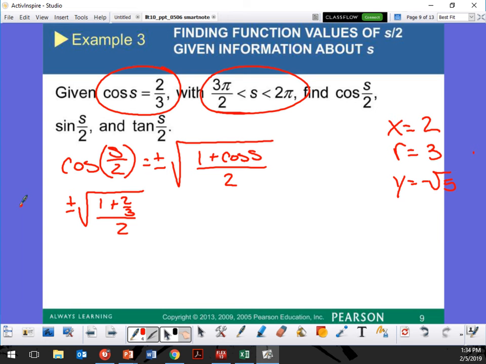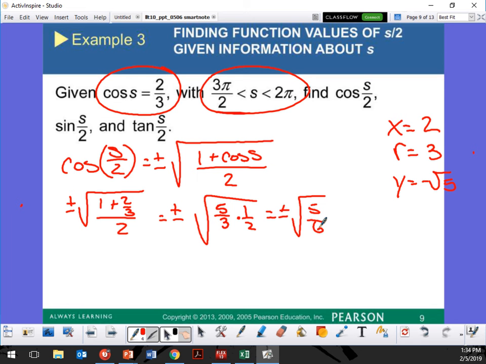So it's 5 over 3 over 2, which is 5 over 3 times 1 over 2, which is 5 over 6. Plus or minus 5 over 6.